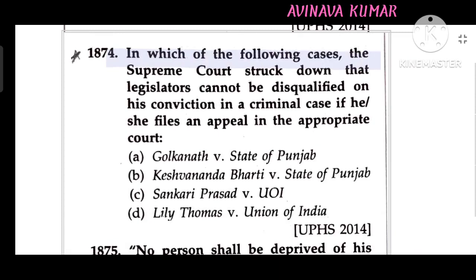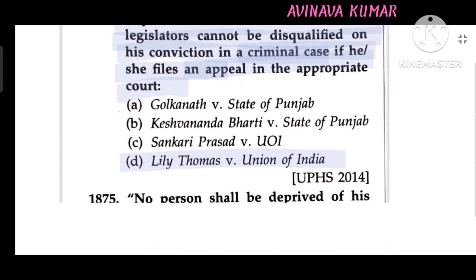In which one of the following cases did the Supreme Court strike down the provision that a legislator cannot be disqualified on conviction in a criminal case if he files an appeal in the appropriate court? Answer: Lily Thomas versus Union of India.